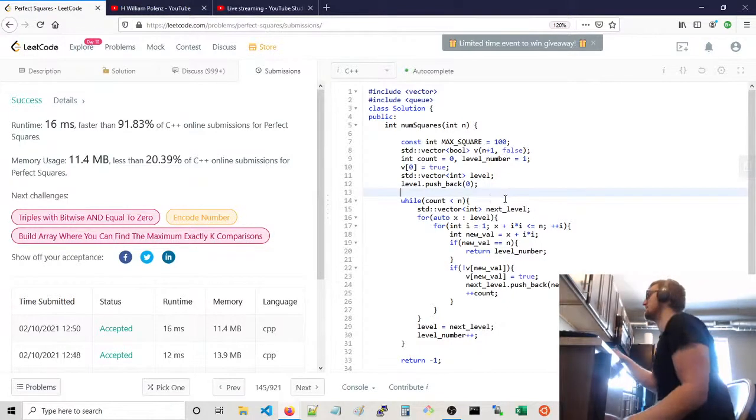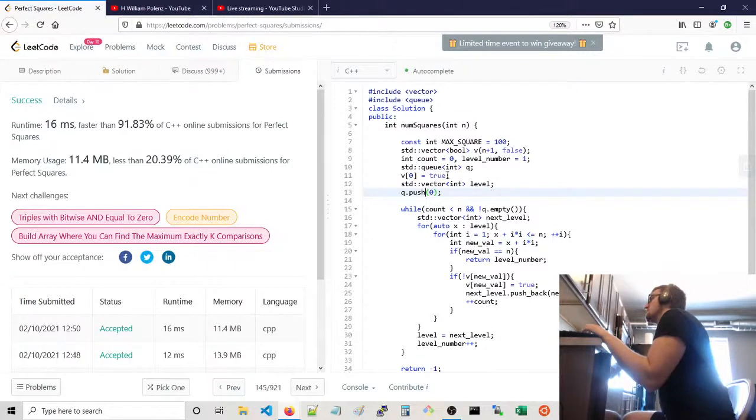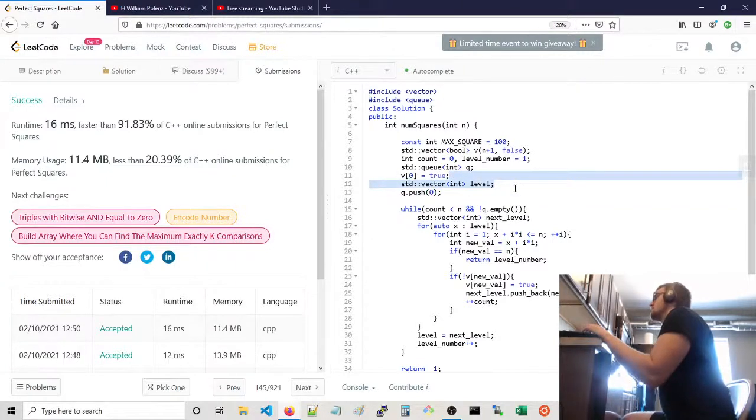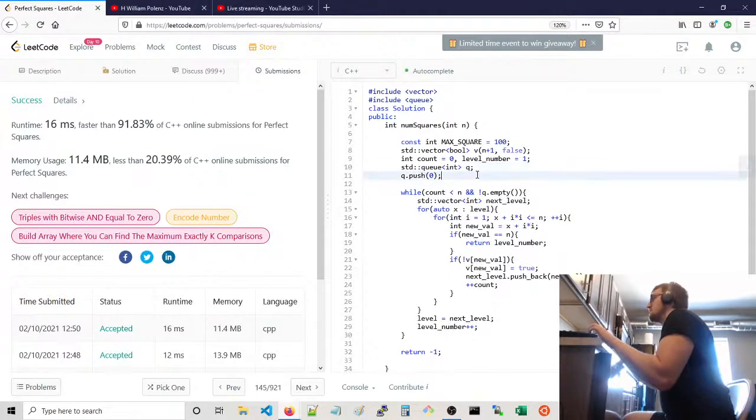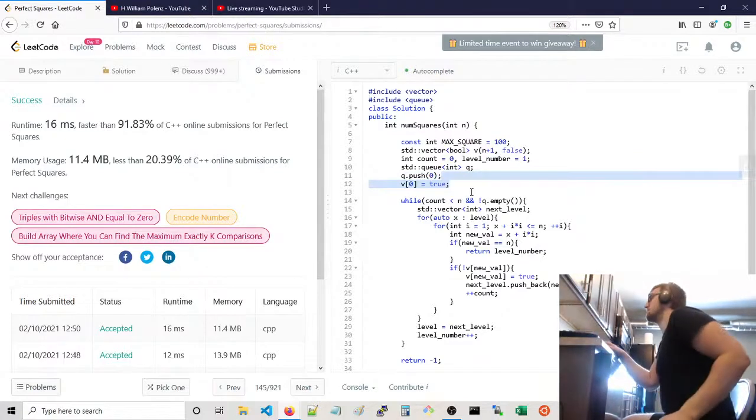We can do a little bit better, I think. Instead of using a level and a next level, trying to do a little bit better on the memory. We can go back to using a queue. We don't really need this anymore, do we?